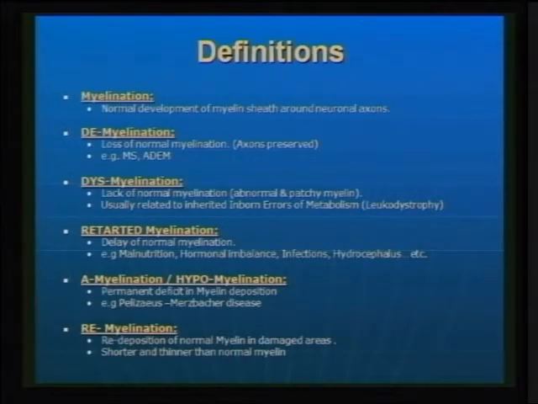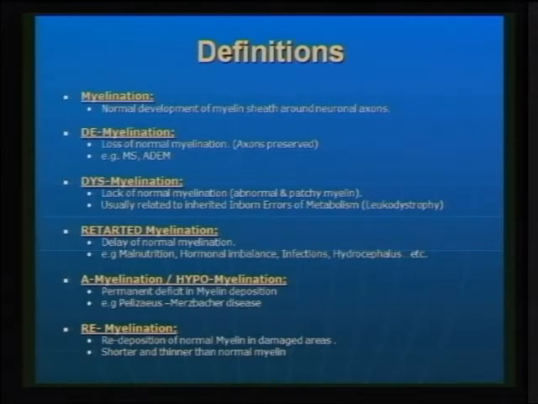In general, there are a lot of words and terms being used, and although some of us may think these can be used interchangeably, they should not be. Myelin or myelination is the normal process of deposition of normal myelin, a physiological process that occurs as part of the maturation of the white matter.